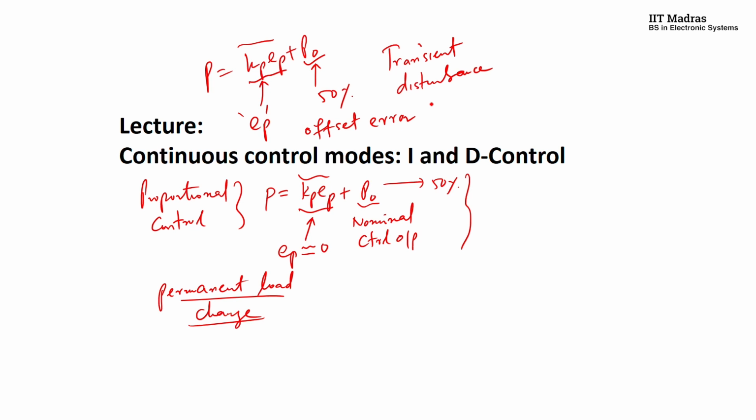Especially in the case of a steady state change in the load, or a permanent change in the load, in the previous example we took P is equal to Kp EP plus 60. That means initially it was 50%, and then I had to add another 10%.